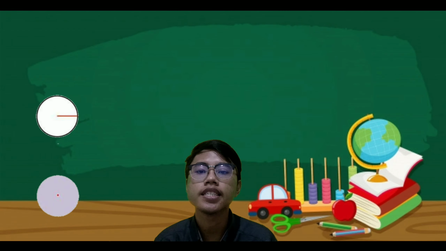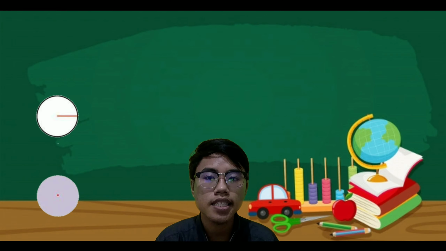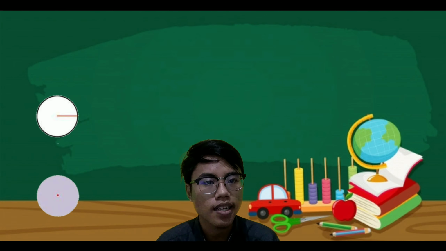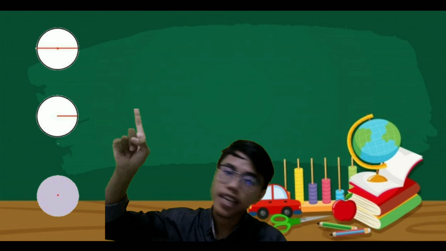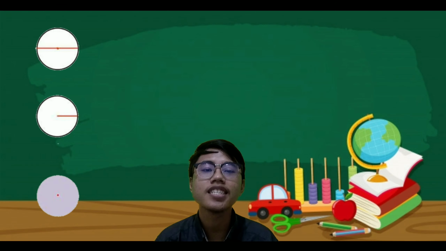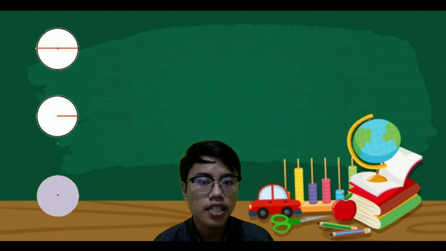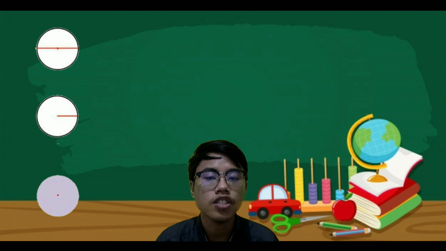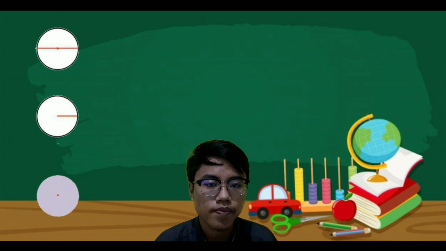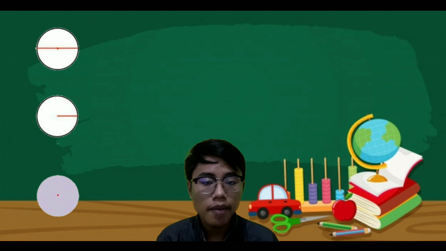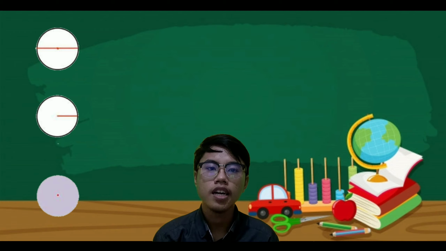The radius is the distance from the center point to the edge of the circle. And this is the diameter. The diameter is a straight line that goes across the circle and through the center point. The diameter is twice the length of the radius.